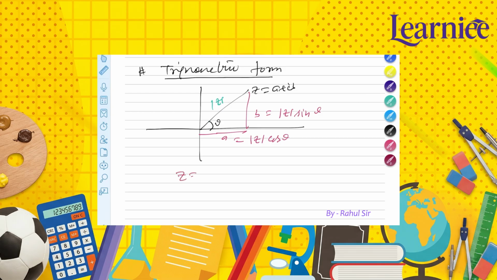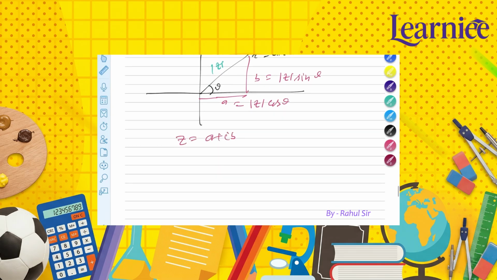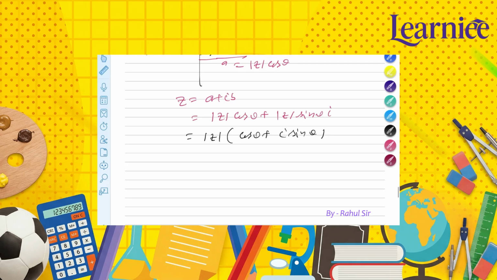So I can say z is equal to a plus ib. What is a? a is equal to mod z cos theta, and mod z sin theta times i. So mod z common, I get cos theta plus i sin theta. Okay, so in trigonometric form they are represented like this: mod z times cos theta plus i sin theta.